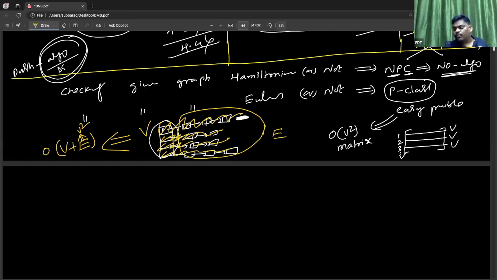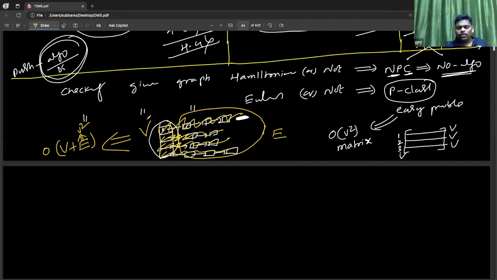If it is a null graph, V is bigger. If it is a complete graph, E is bigger. If you don't know who is bigger, keep both. Total one scan is required: vertices I have to scan, edges also I have to scan.